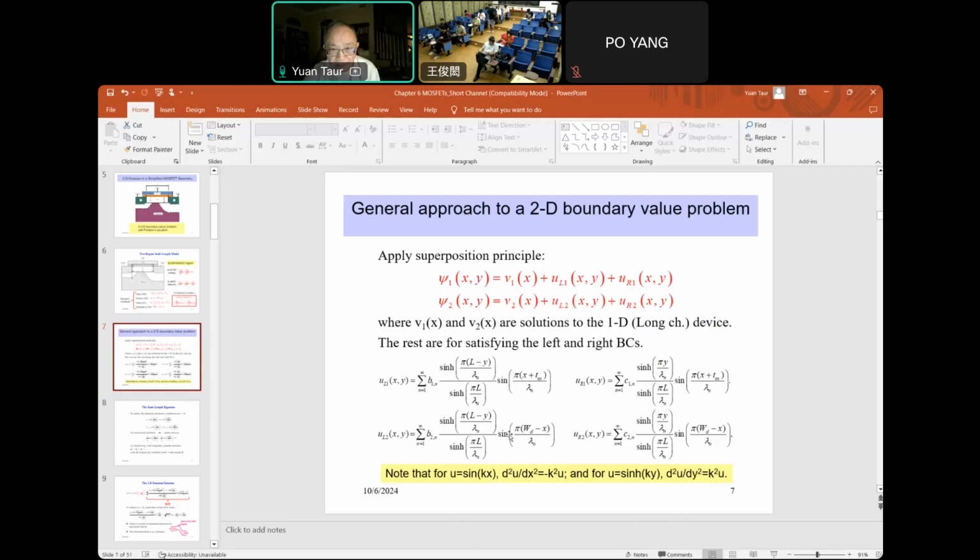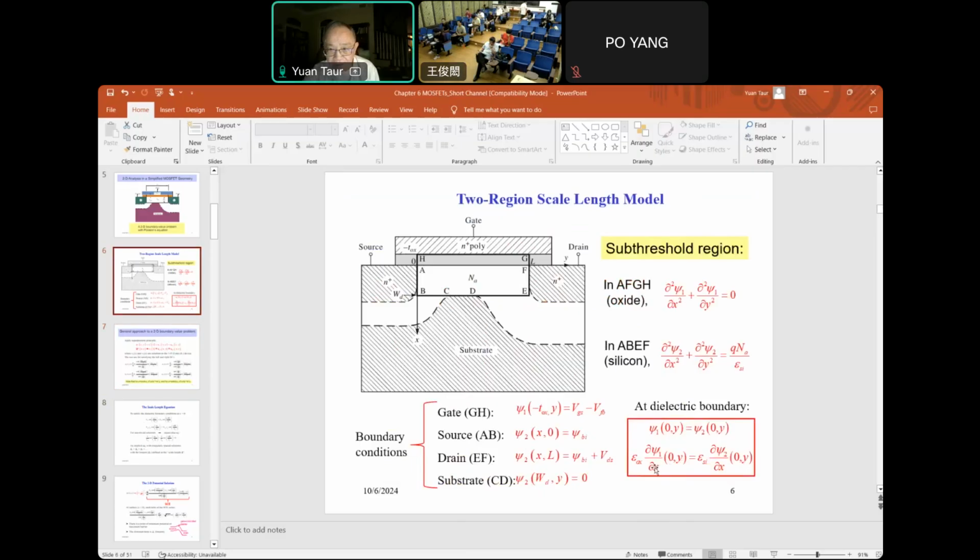This becomes minus sine. No, this is pi wt. This is pi tx. And the potential has to be the same. And the other condition is the field times the permittivity needs to be the same. This is in the x direction.